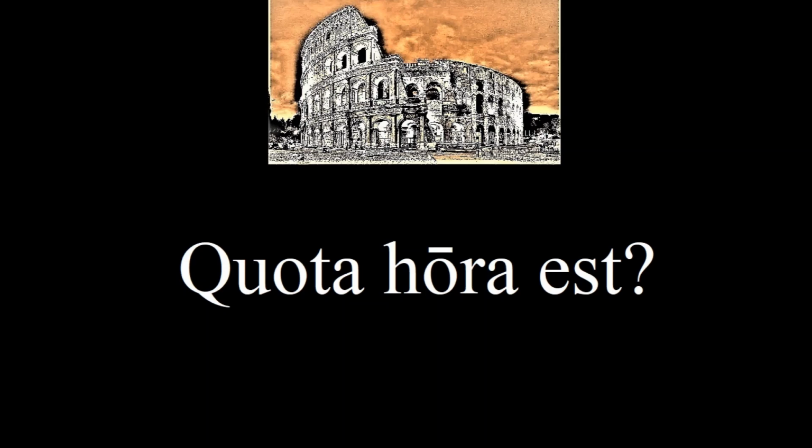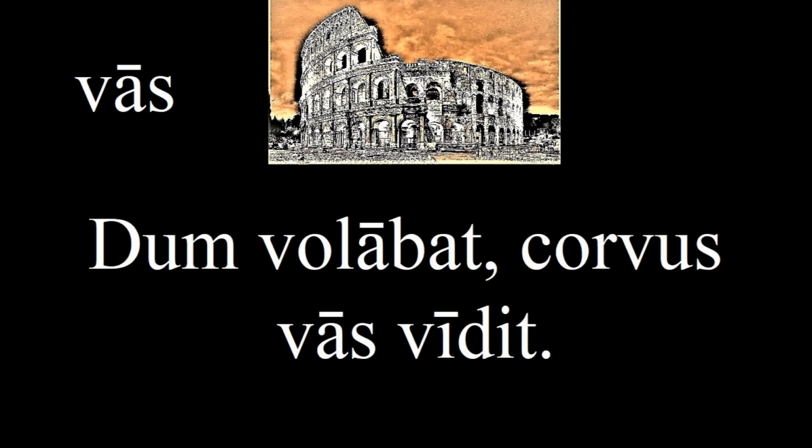We will also need to know the following word for the story, vas, which means vase or vessel. And note also that this word has the same nominative and accusative form. They are both vas. For the story, we will also need to understand the following phrase. Dum volabat corvus vas vidit. Let's break this down. Dum means while, and vidit is the perfect past tense of videre.